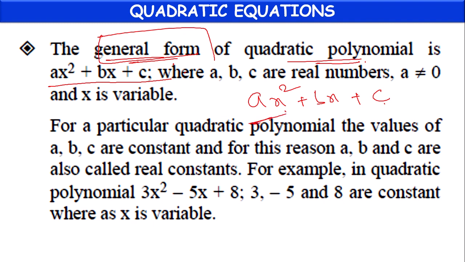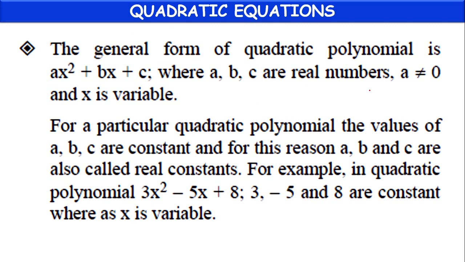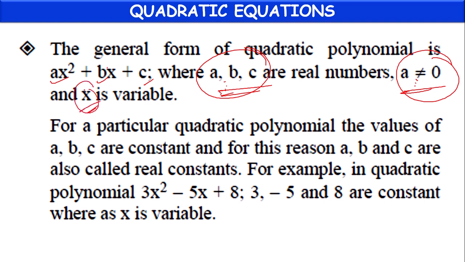Means x square term, x term, constant term, where a is the coefficient of the x square term, b is the coefficient of the x term, c is the constant term. Where a, b, c are real numbers. And one more condition, a should not be equal to 0, and x should be the variable.